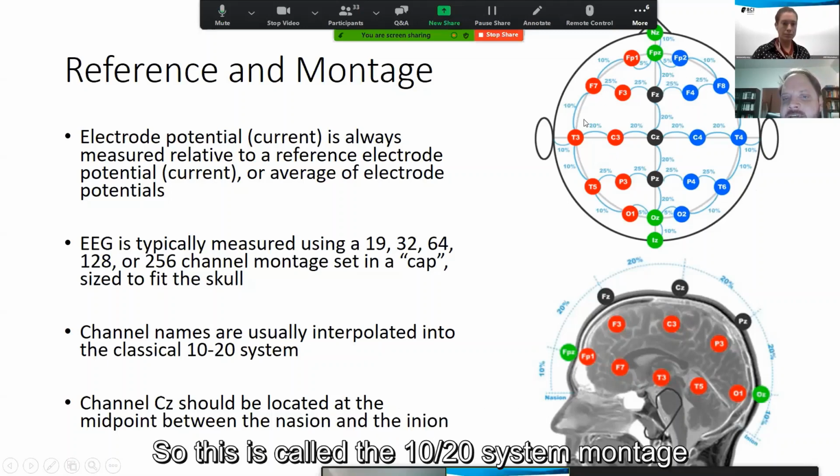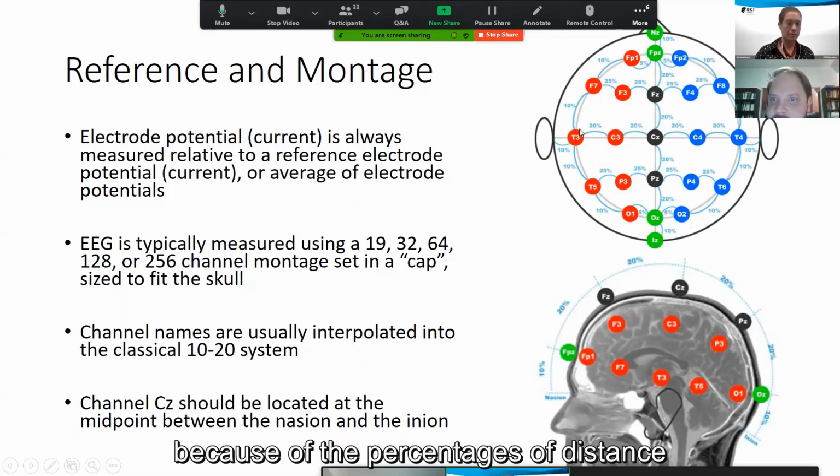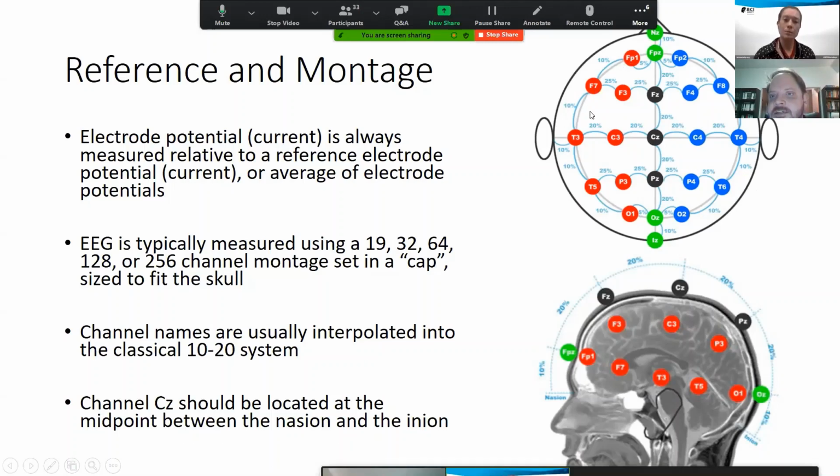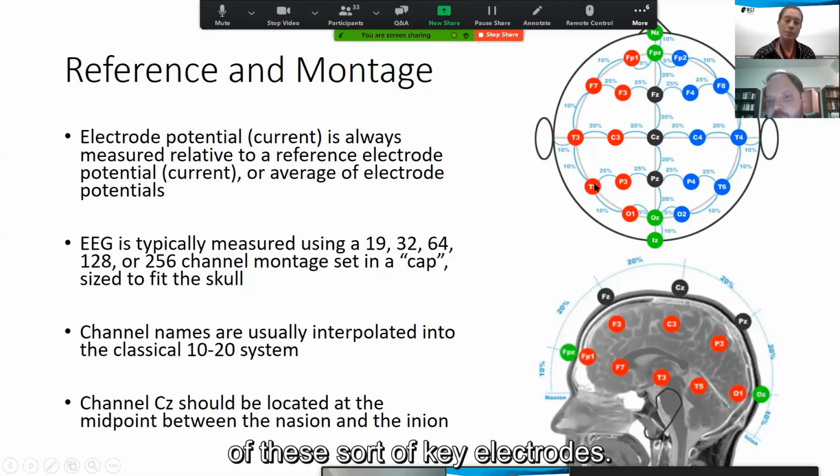So this is called the 10-20 system montage because of the percentages of the distance of these key electrodes.